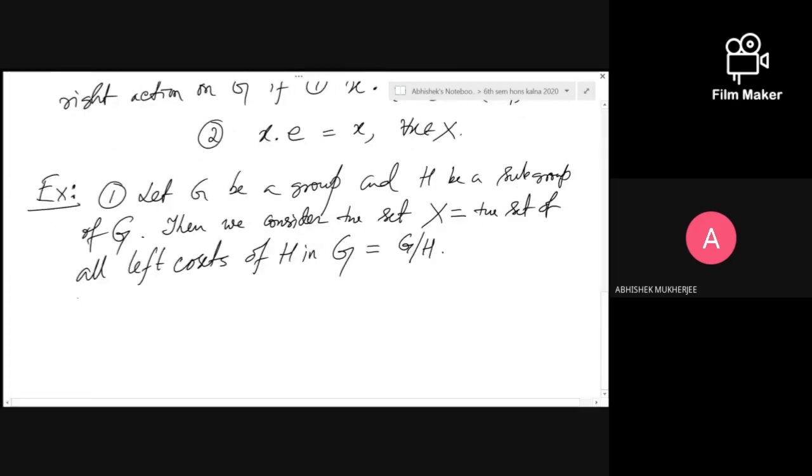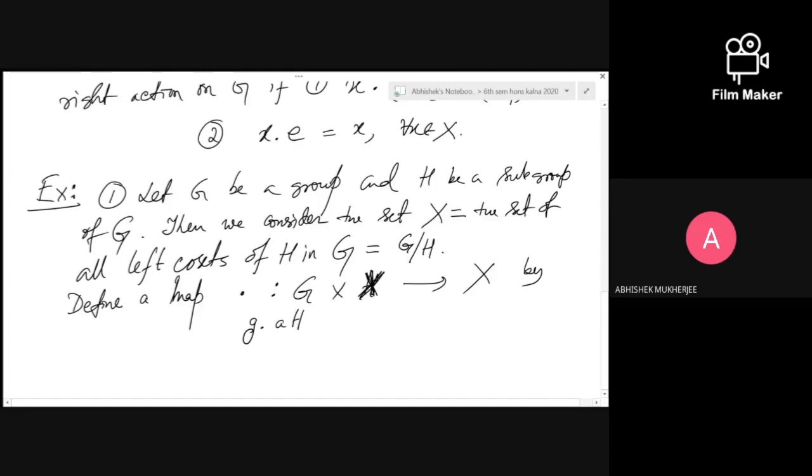Now we define a left action, a map dot from G cross X to X. Taking one element from the group G and one element from the set X, that is, X is the set of all left cosets, so consider a left coset, suppose aH.